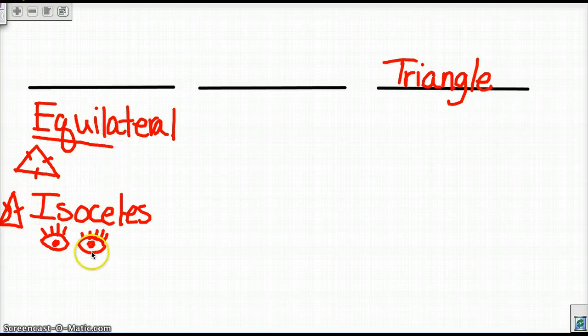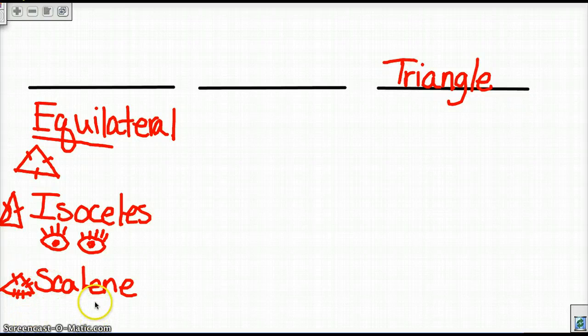The other possibility for the first name is a scalene. Now, I've had students throughout the years think of different ways to remember this, but a scalene triangle simply means that this side measures different from this side, which measures different from this side. They all three have different measurements. Students last year talked about, well, are fish scales all the same?